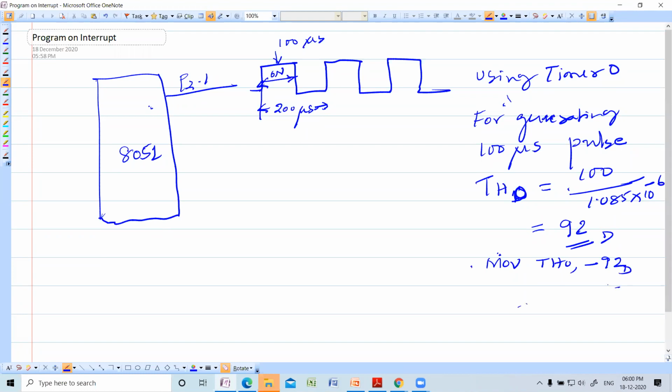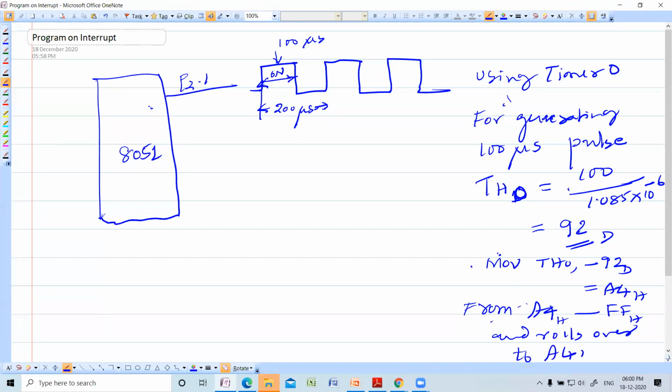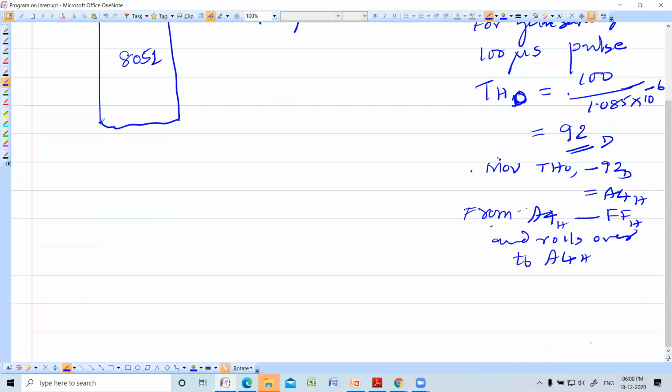What is minus 92? Minus 92 in hexadecimal is A4H. From A4H till FF, it goes on incrementing and rolls over.